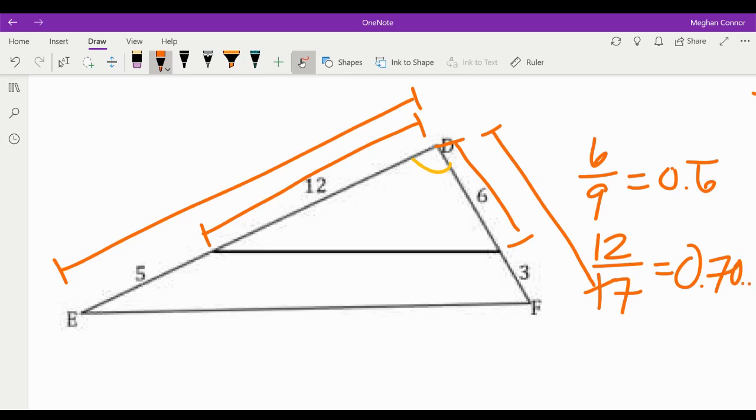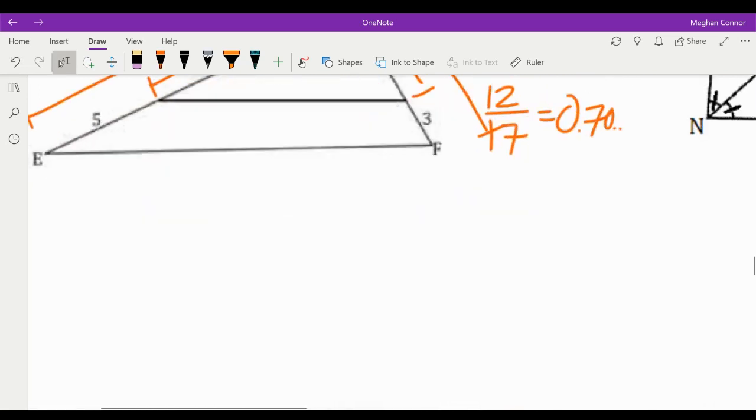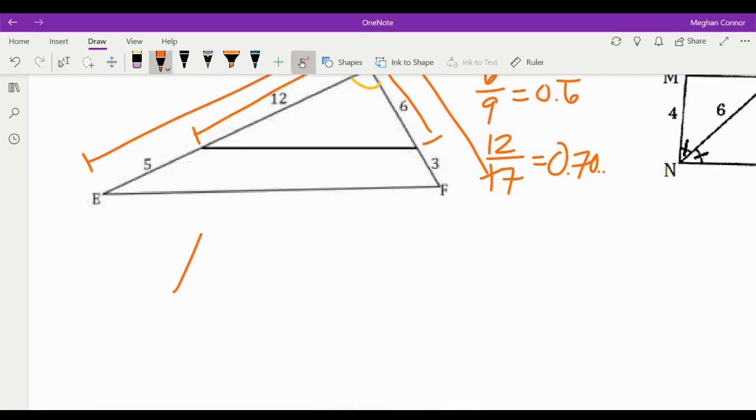Doesn't matter. They are not similar. The side lengths are not proportional. So the answer here is no conclusion, or not similar.